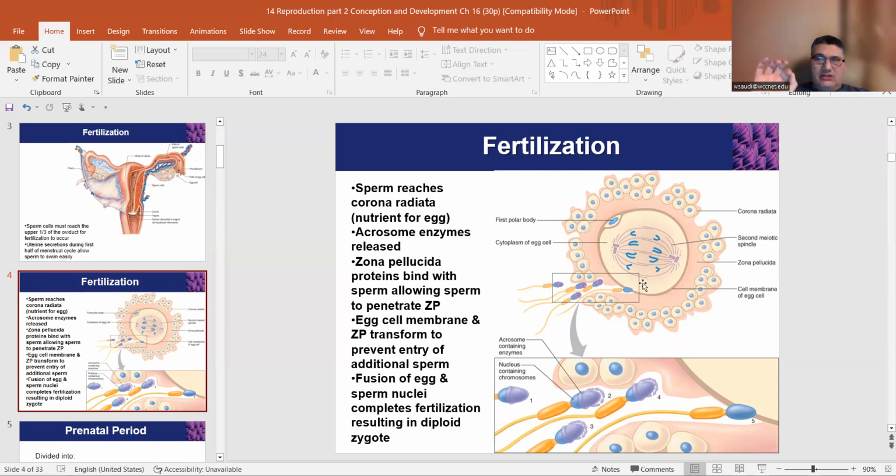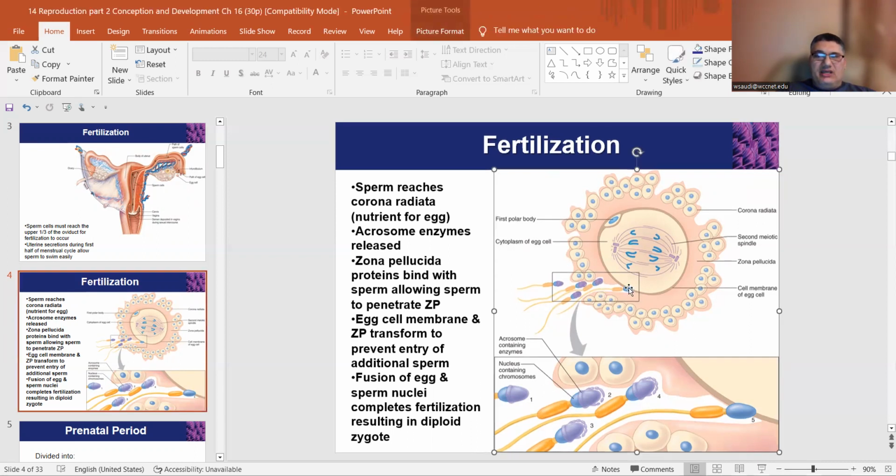At that time, something very interesting happens. Because of that joining, this zone surrounding the secondary oocyte, called zona pellucida, will become tougher and thicker and stronger, so that all these millions or hundreds of thousands, whatever the sperm that are available, will not be able to penetrate.